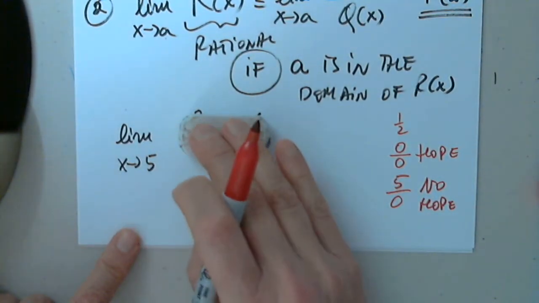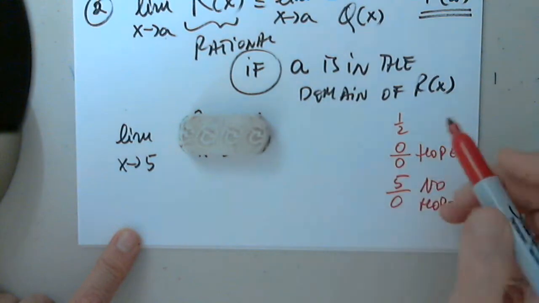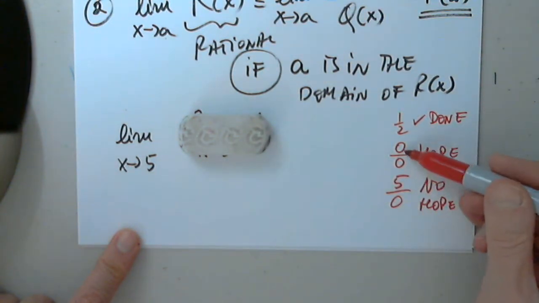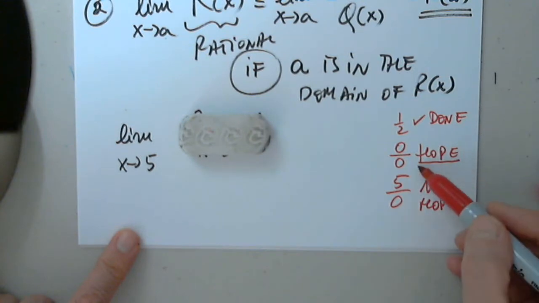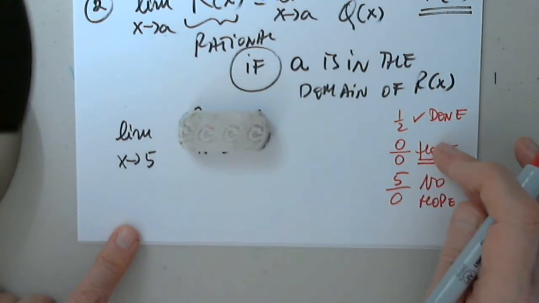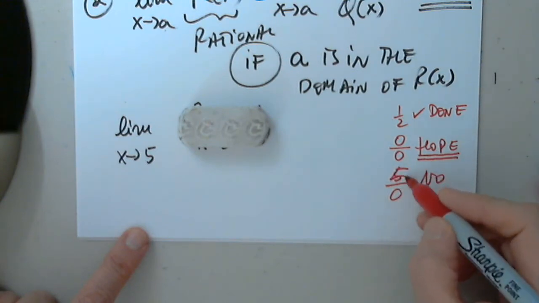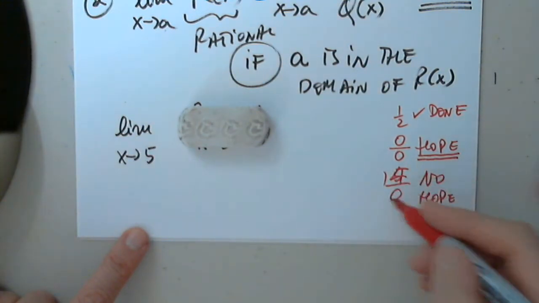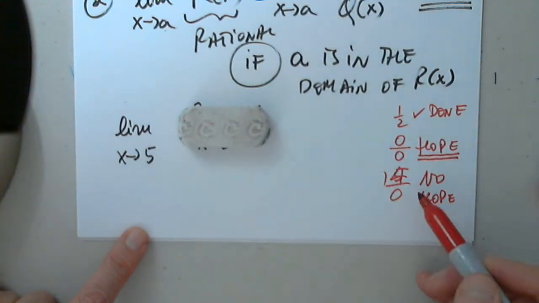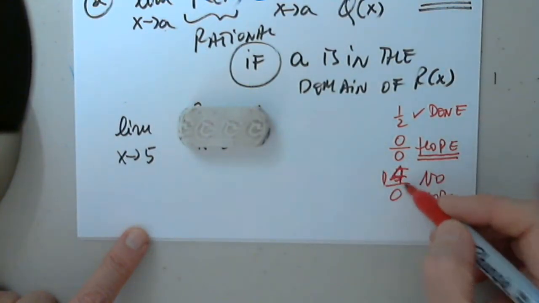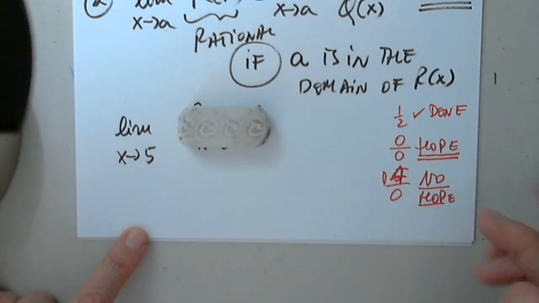I must plug in 5 in the function. If I get a number, I'm done. If I get 0 over 0, I have to think about it, and we'll talk about it. If I have a number over 0, not 5, it can be 4, it can be 10, it can be anything, 14. I don't want you to think that I copied the 5 from here. Any number, okay? 14 over 0. No hope, and we have to talk about the situation.